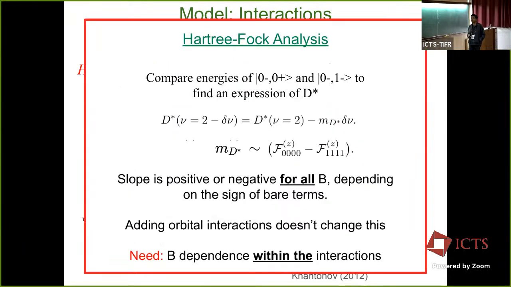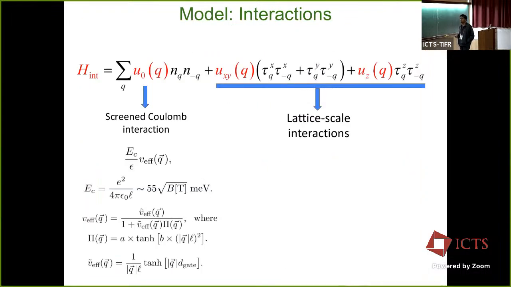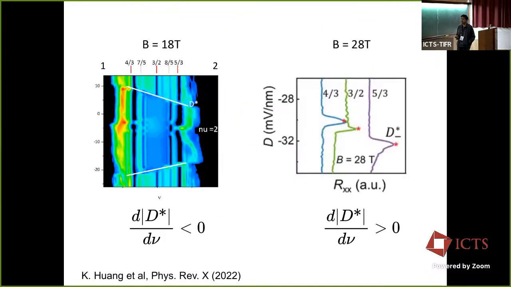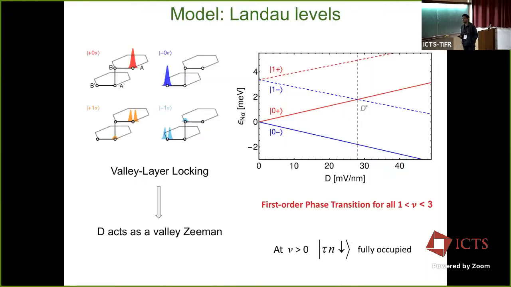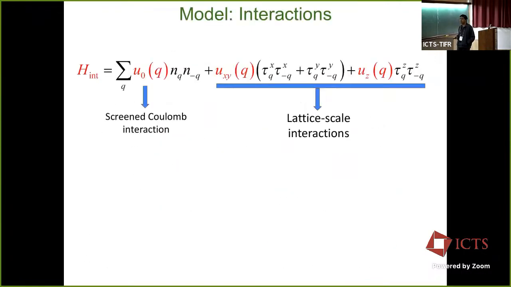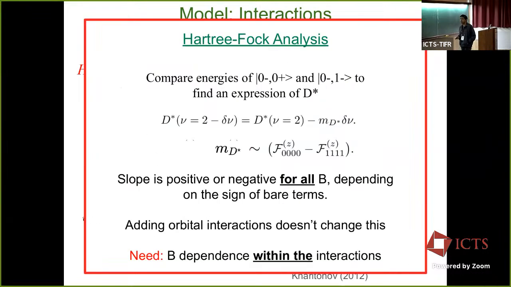If you take this model and you perform a Hartree-Fock analysis, and specifically you want to compare the energies of the states 0 minus, 0 plus, and 0 minus, 1 minus, which are the two competing phases according to this picture between filling factors 1 and 2, then you can get an analytic expression for D star, and one can extract an expression for the slope from that.